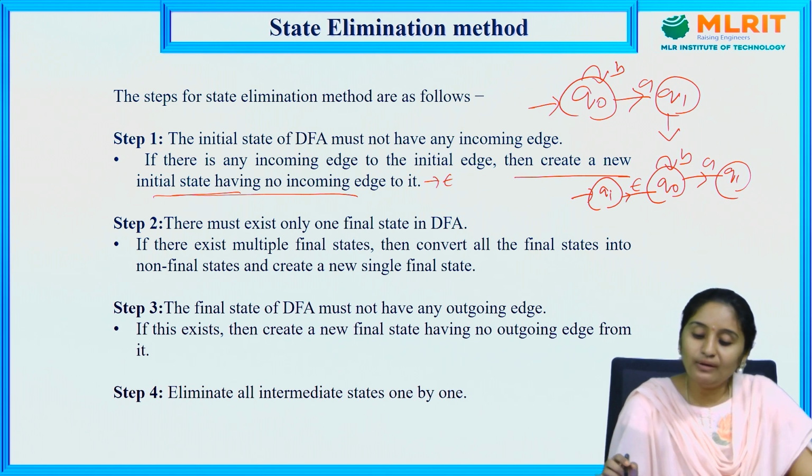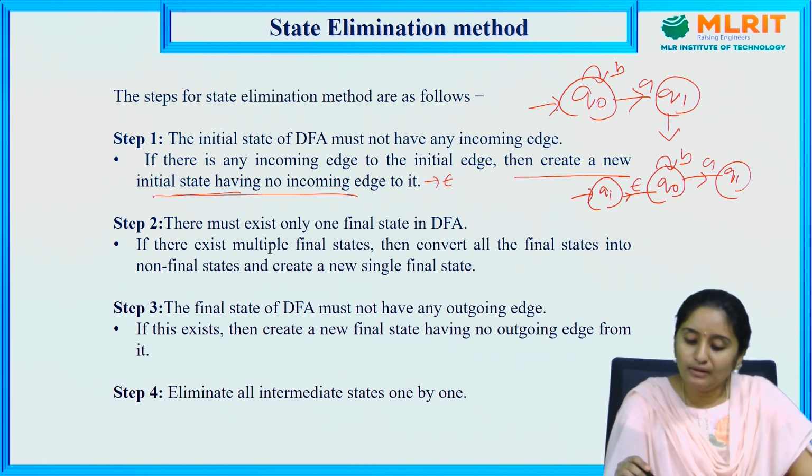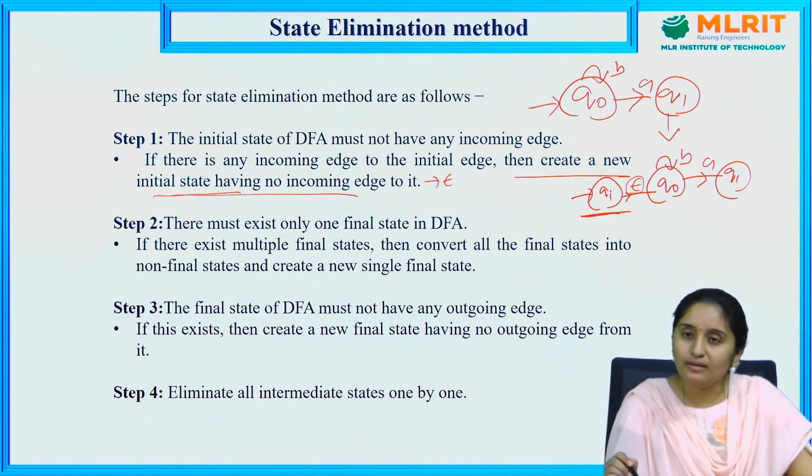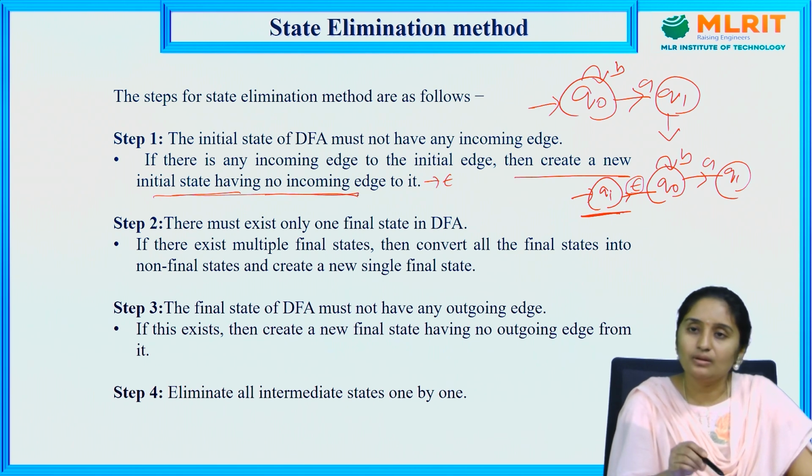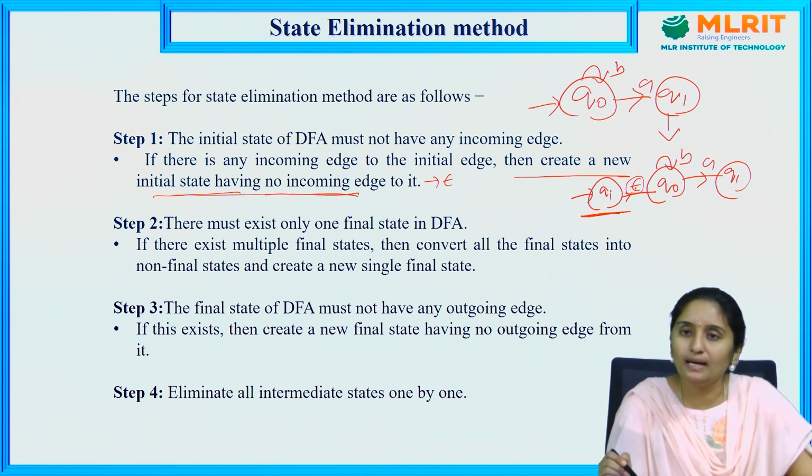If I find any incoming edge for the initial state, then create a new state with no incoming edge, connected by epsilon. Epsilon is nothing but zero moves, epsilon transitions, null moves.